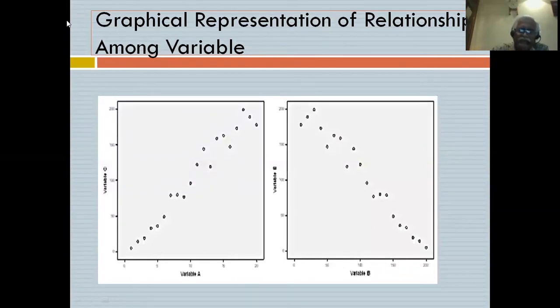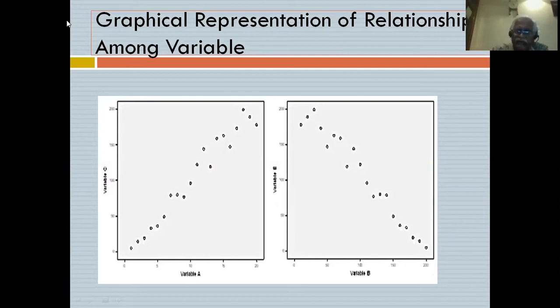We see there are two variables, and how they tend to form a pattern. In the first, there is variable A and variable C. Variable A is increasing, and variable C is also increasing. In the second, variable B is increasing, whereas variable D is decreasing.